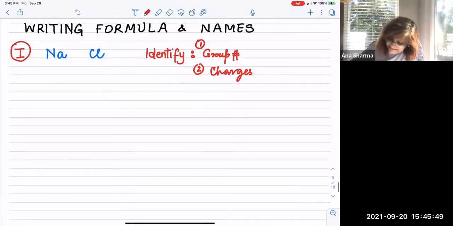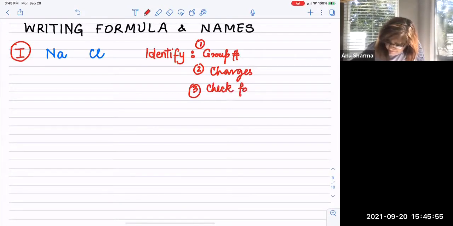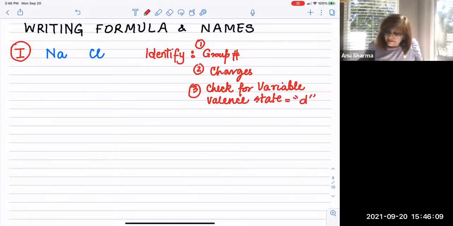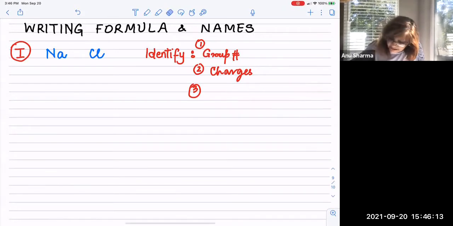Next, also check for variable valence state, and these are generally the D block elements.